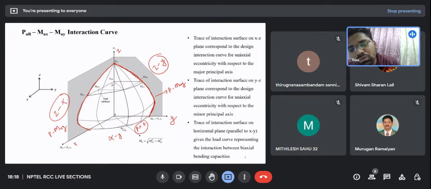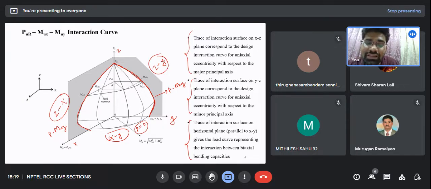I'm pretty sure you are now imagining how difficult it would be to use this 3D interaction curve to solve a problem or to design a column. So for simplicity, whatever is written here I have already explained, and you can read it afterwards. The most important thing is how to simplify these interaction curves and design a column.